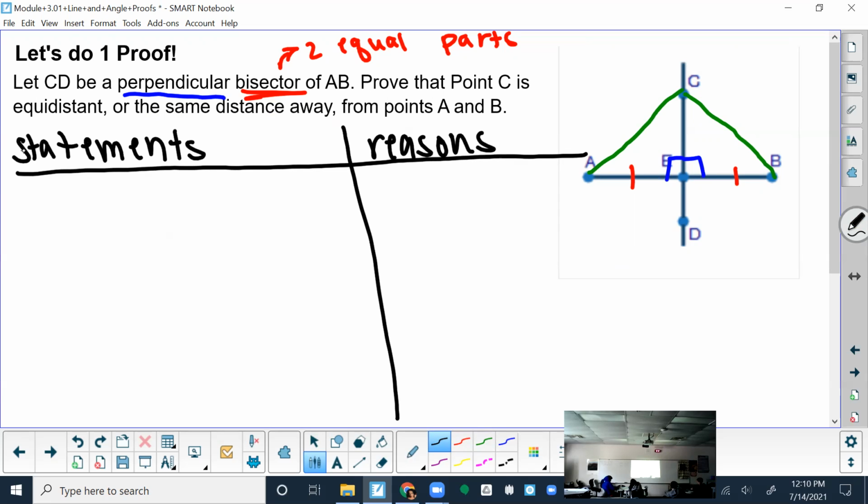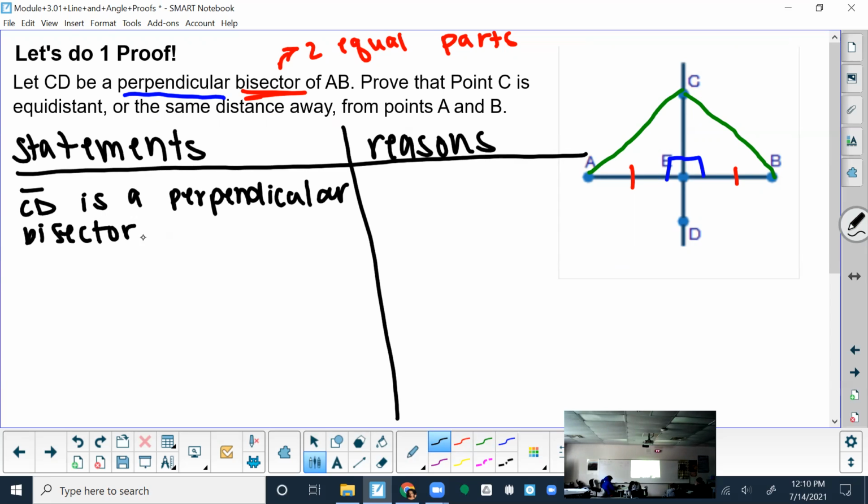So we can say line CD is a perpendicular bisector of line AB. The first reason you should have is usually given to you in the directions. So my reason would be given. They gave me that information. That's what we know.